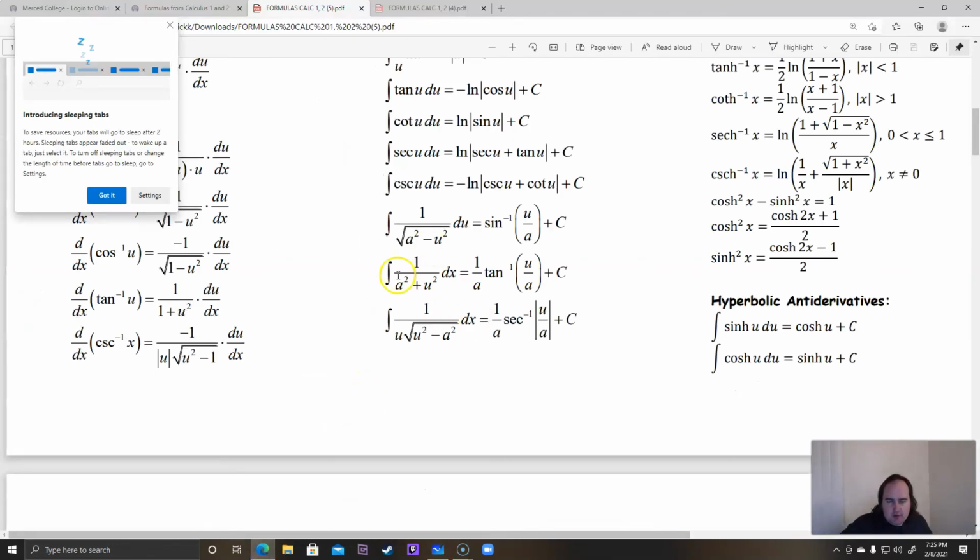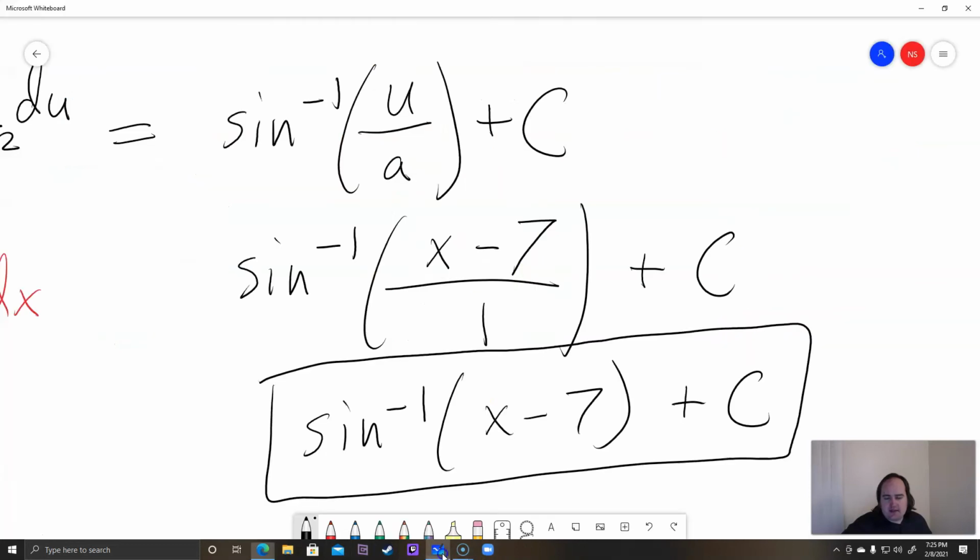So it's more in this format here. But you're still going to complete the square. And if you complete the square there, you're going to find that you can get it in this format, 1 over a squared plus u squared du. And then that integral is going to give you this. So that's the trick for that one.